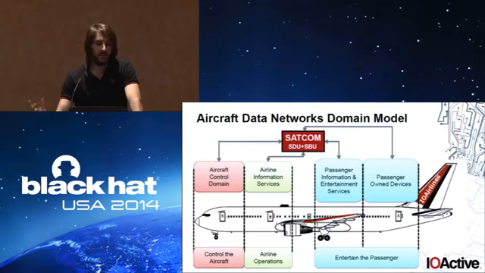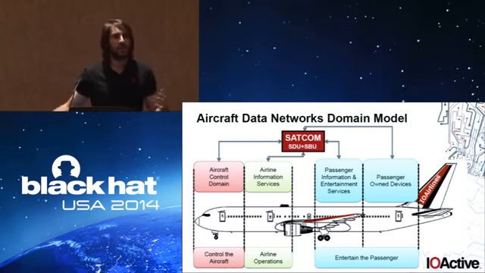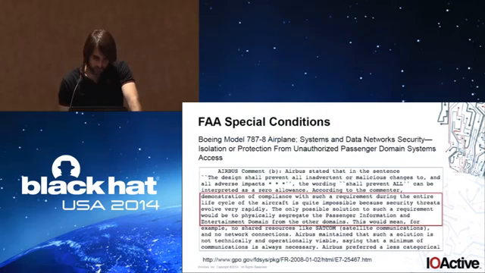The interesting part is that these domains share common equipment, which is the SATCOM, comprised of the SDU and the SBU at a minimum. This opens the door to cross-domain attacks between domains that have different criticality.